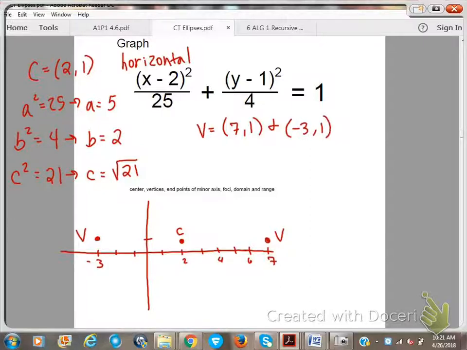Let's talk about our endpoints for our minor axis. Starting from your center, how far away do you need to go to get your endpoints for your minor axis? 2. So we'll go 2 up and 2 down.